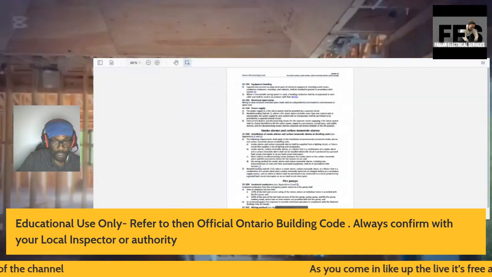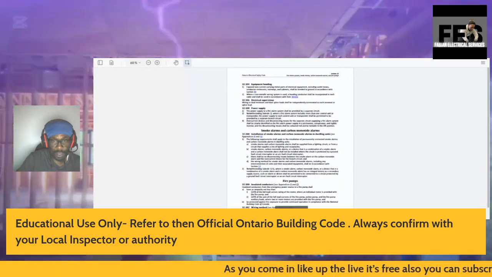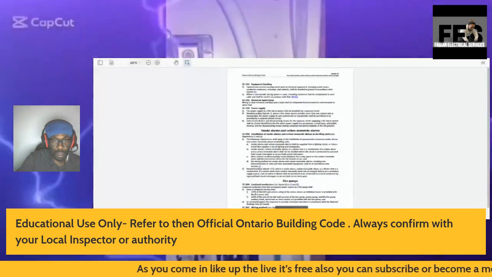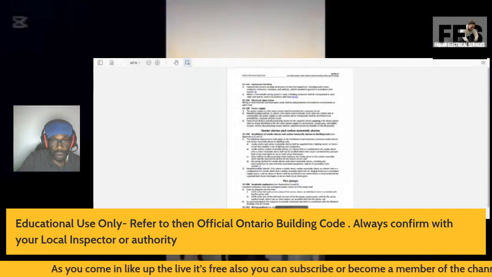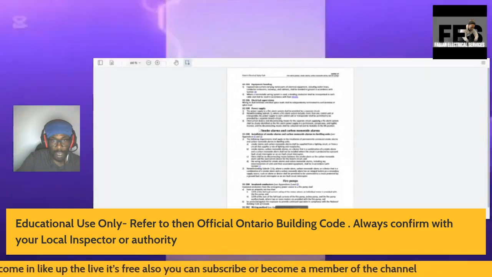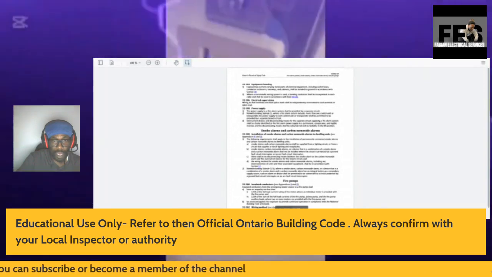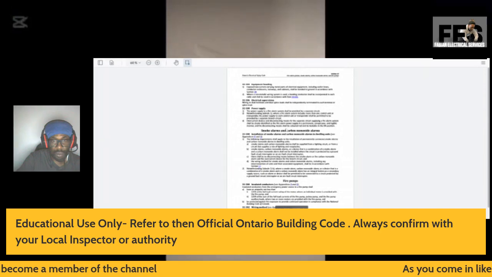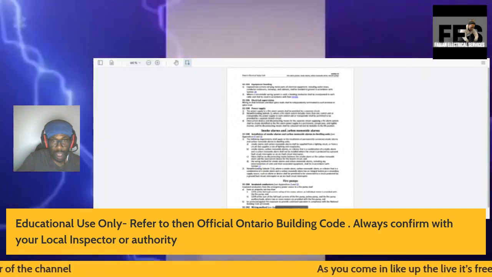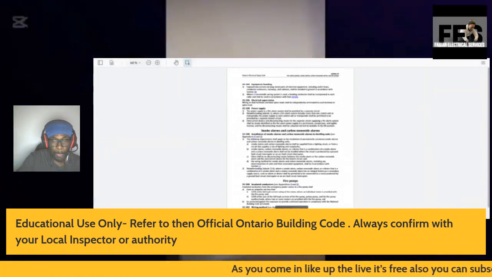The overcurrent device and disconnecting means for the separate circuit supplying a fire alarm system shall be clearly identified as the fire alarm power supply in a permanent, conspicuous, and legible manner. And the disconnecting means shall be colored red and be lockable in the on position.